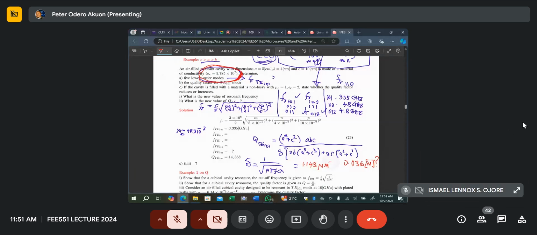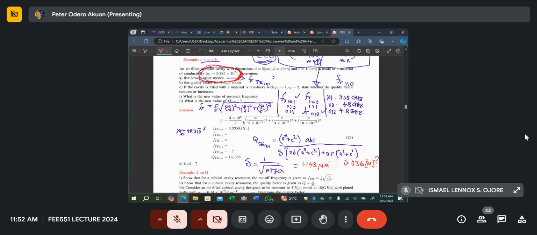Because already the conductivity and the permeability will cancel out, but F is in gigahertz. So I'm expecting something in the micro dimension.